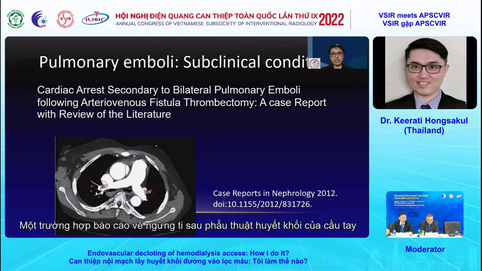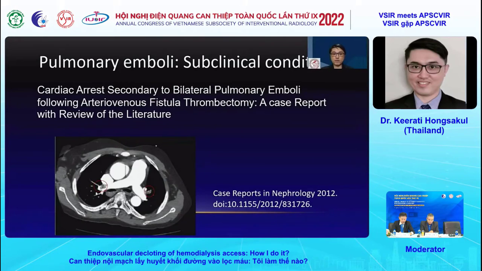However, there are case reports of patients who developed cardiac arrest after thrombectomy in the AVF, because a large clot may lodge in the main pulmonary artery.